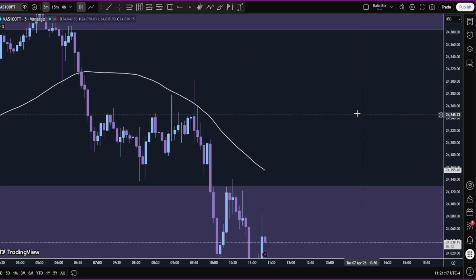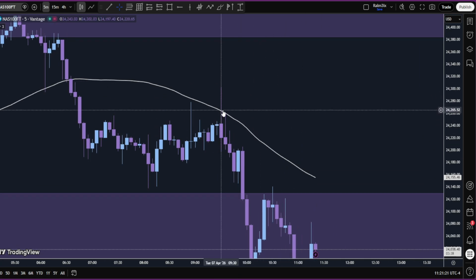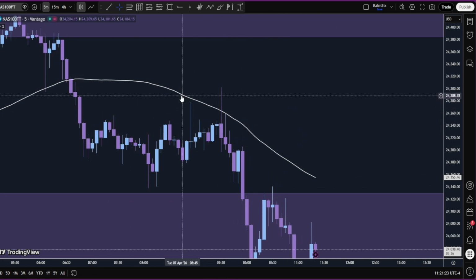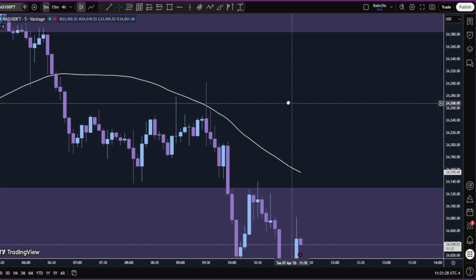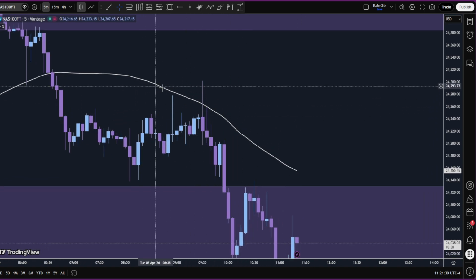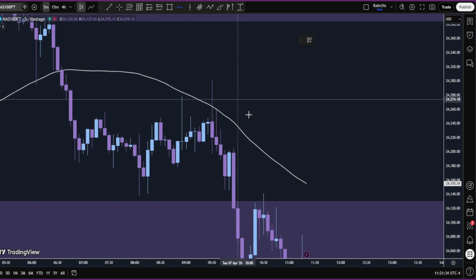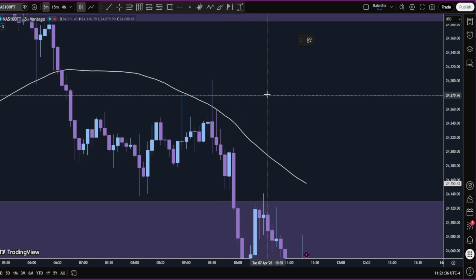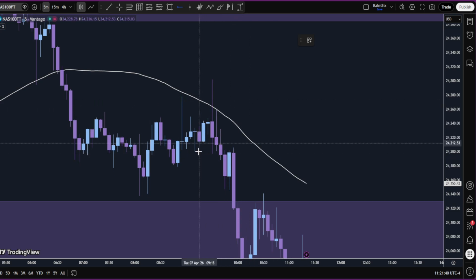As you can see here, at the New York open, you see the rejection from the 50 SMA. This is amazing, because you are below, so you are looking for sells. It's like a filter.